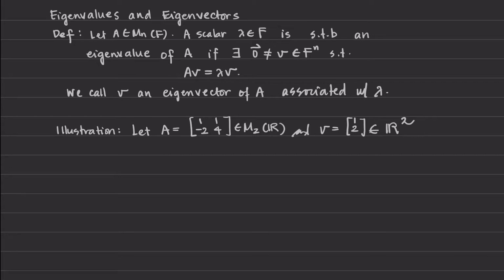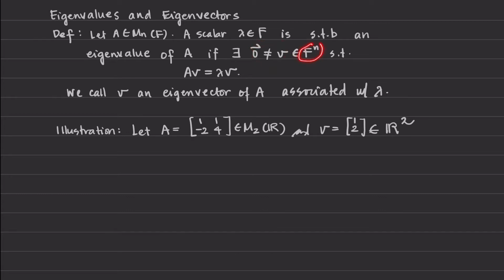So, if we have an n by n matrix A, a scalar lambda na nandoon sa field nyo, so kapag hindi familiar sa field, isipin na lang na ang field ay real numbers or complex numbers. So, a scalar lambda is said to be an eigenvalue of A if there exists a non-zero vector V in F^n, yan yung notation.